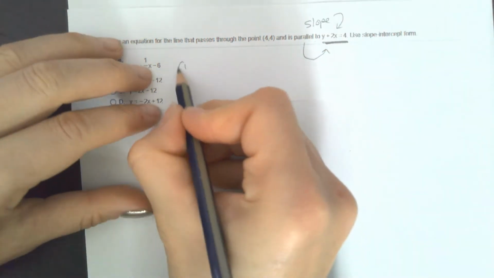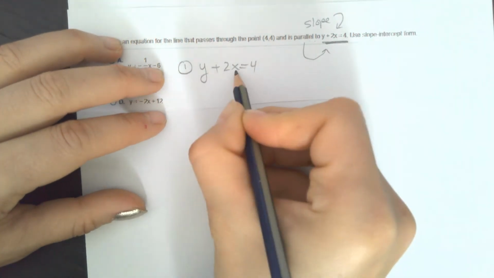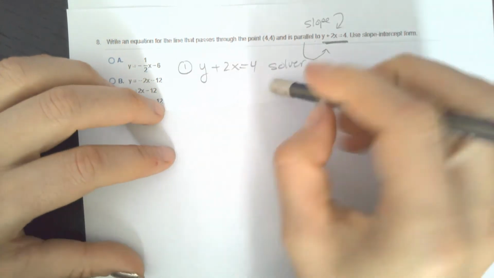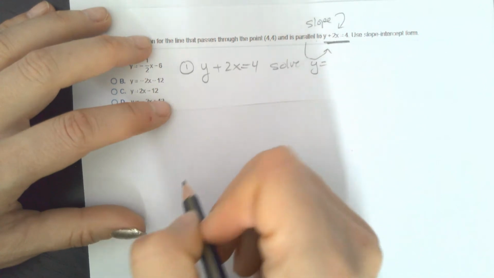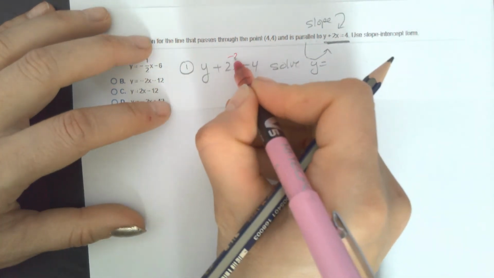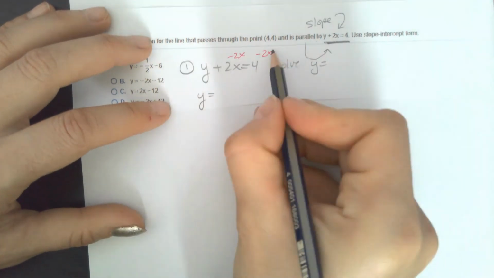So step 1, that's this equation. I have to solve for y, okay? So I can find out what the slope is. So let's get y alone. Okay, I'll put this on the other side. Remember to write your x first.